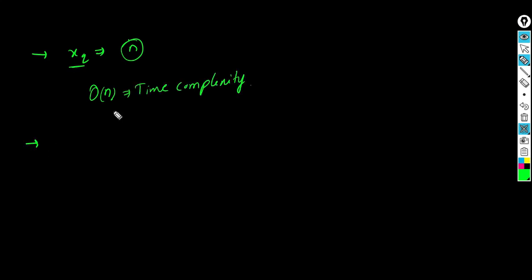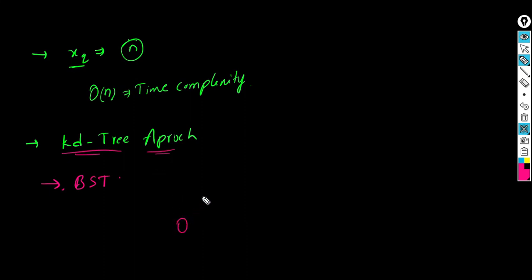To reduce the time, we are going to use the KD tree approach. The KD tree is inspired by the binary search tree algorithm. It's one of the searching algorithms. If we want to find any element in a list or array, we use the binary search tree algorithm. It's a tree based algorithm, where we have branches.